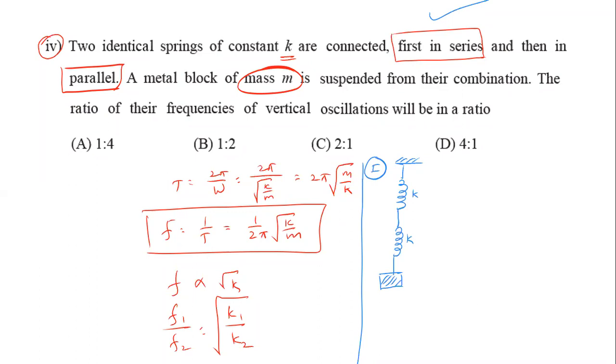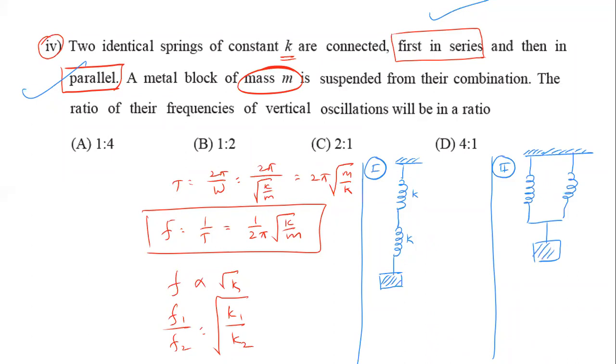In the second situation, where it is in parallel, this is the support, this is the first spring, this is the second spring, they are parallel and a block is attached, the same block whose mass is m.